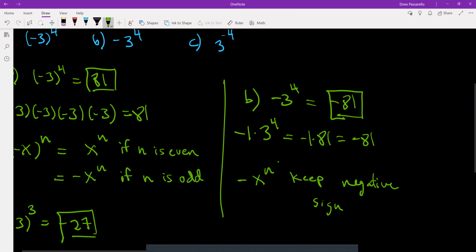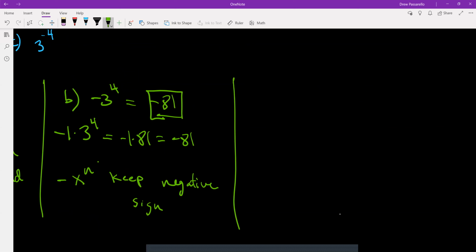Part C. So it's 3 to the -4. So you'd have to know rules with exponents. If you have a negative exponent, you would write this as 1 over 3 to the +4. And then that's going to be 1/81.